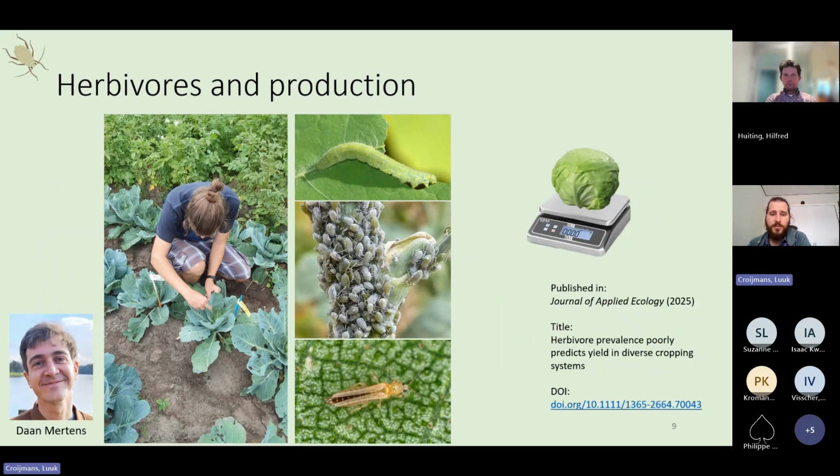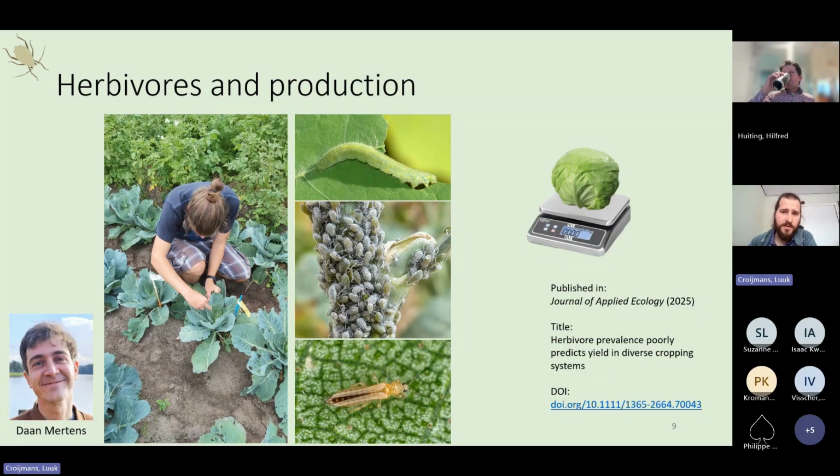And then what we did was also focus a little bit on the cabbages, the insects that come to these cabbages and the feed from them. We counted insects throughout the season, followed their populations, and then at the end, from the same cabbages, and you can see on the picture this small blue stick, that was to mark the exact cabbages that we've measured throughout the whole season. And then at the end, we would harvest them and we would weigh the cabbage head.